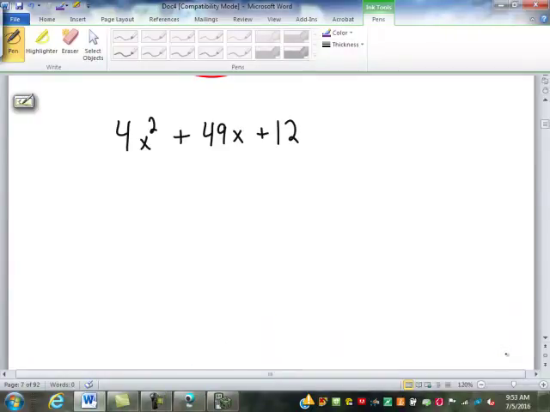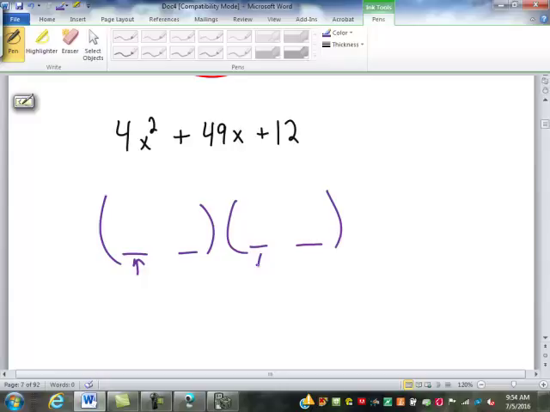So when you look at this, is there a common factor? No. 49 is only divisible by 7. So there is no common factor here. So that means we go to try to split this up.